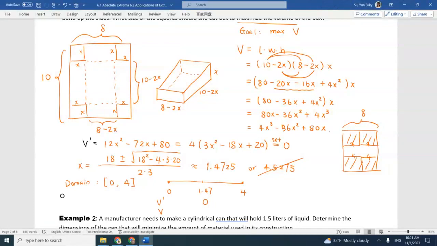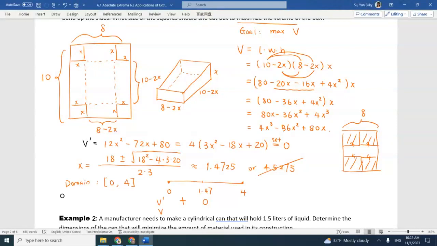Right, everybody? And then this interval, I can actually plug in 0, right? Because 0 is inside here, on the left. So if you plug in 0, do you see this is 0, this is 0? I get 4 times 20 is positive. So on the left region is positive, and then on the right region, any guess? If you pick a big number, let's plug in 4.